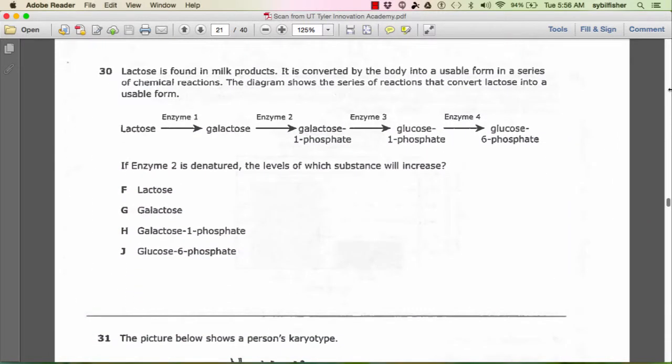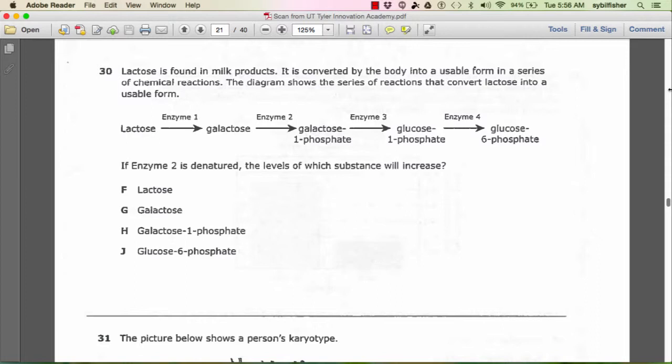Number 30. Lactose is found in milk products. It is converted by the body into a usable form in a series of chemical reactions. The diagram shows a series of reactions that convert lactose into a usable form: lactose, enzyme 1, galactose, enzyme 2, galactose 1-phosphate, enzyme 3, glucose 1-phosphate, enzyme 4, glucose 6-phosphate.